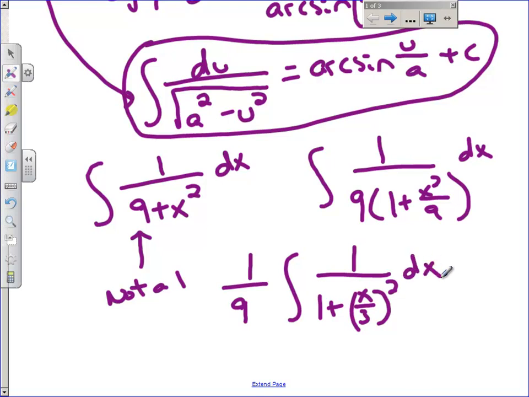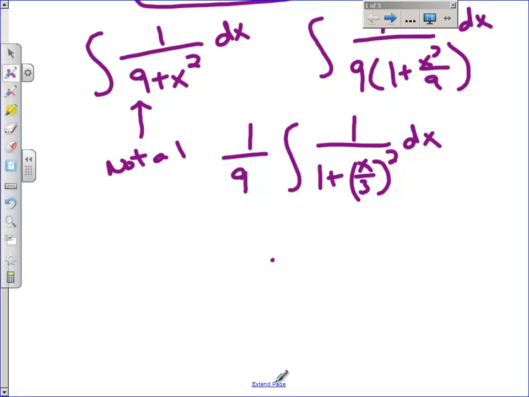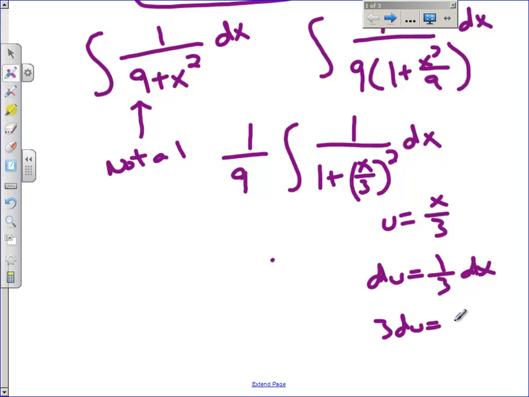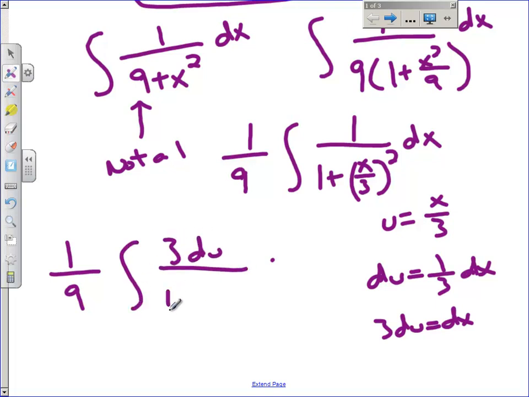So I'm trying to make this fit my arctan rule. All right, so my u would equal x over 3, so du is 1/3 dx. To substitute for that dx, I get 3 du equals dx. So this turns into 1/9 the integral of 3 du over 1 plus u squared.